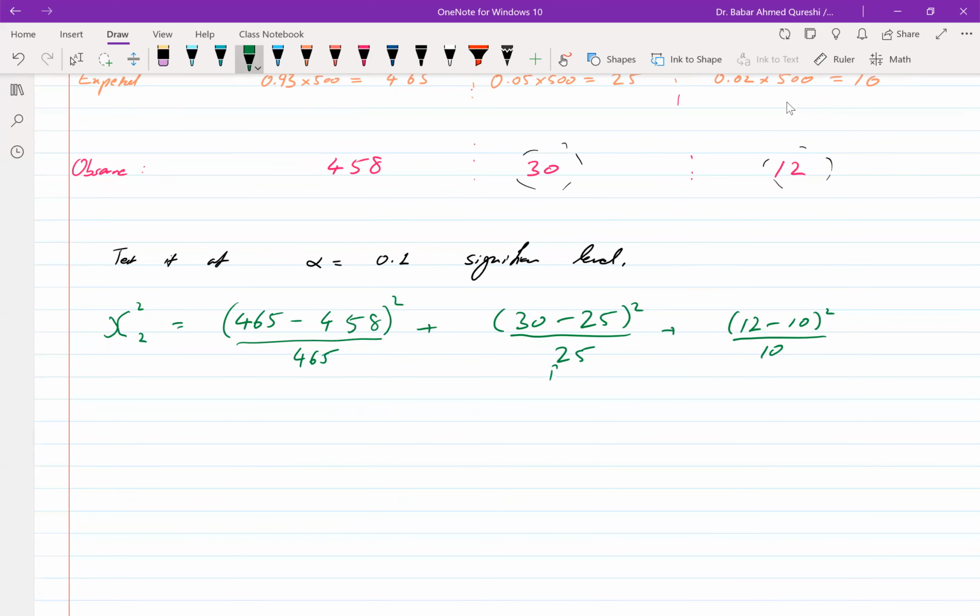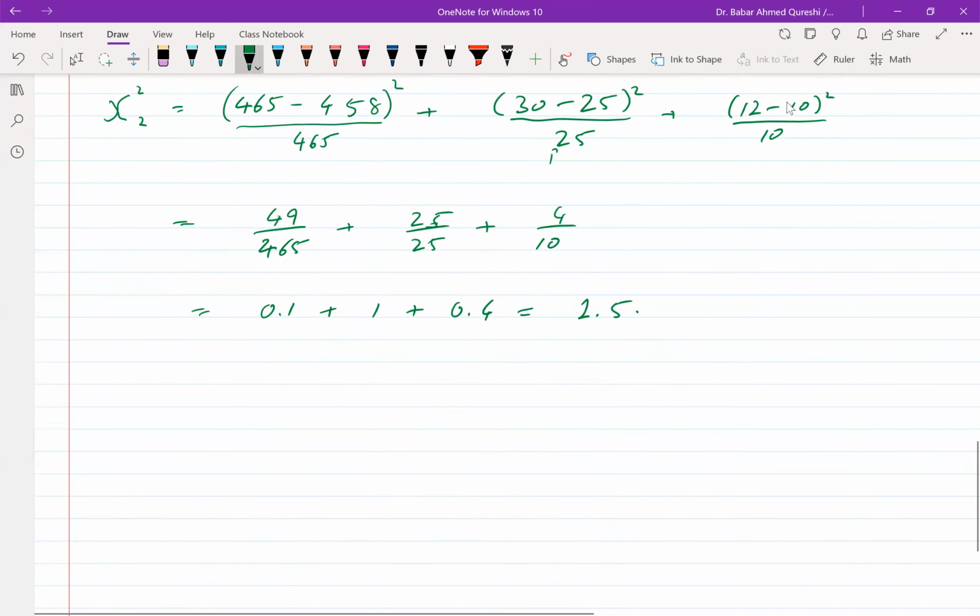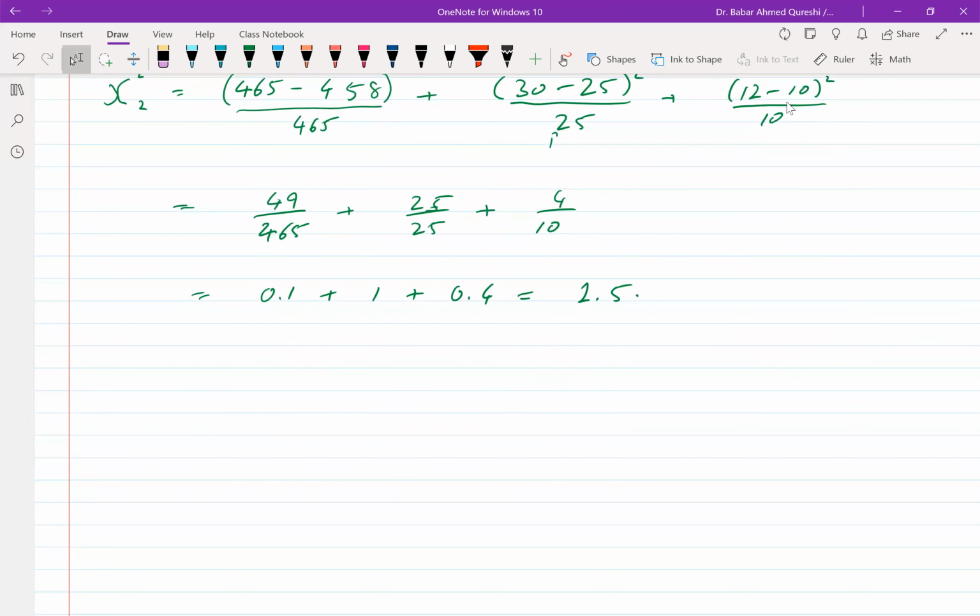So this gives you 49 over 465 plus 25 over 25. So only 1.5. Now 1.5 is a rather small number for this chi-square statistic.